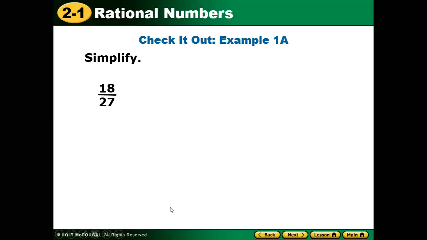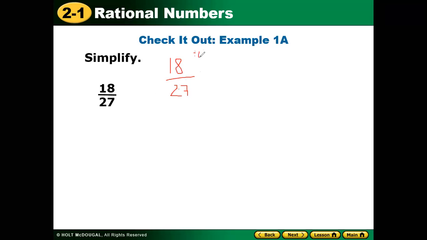Someone said divided by 9 and someone said divided by 3. What is the difference between the two cases? The first one, when he said 18 over 27, you told me divided by 9, right?